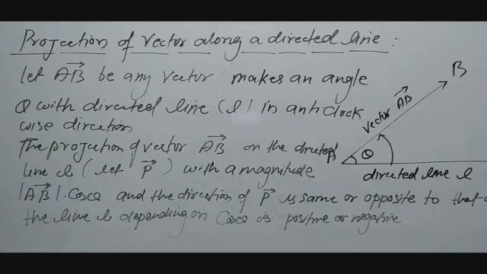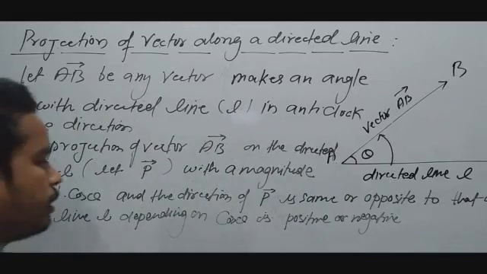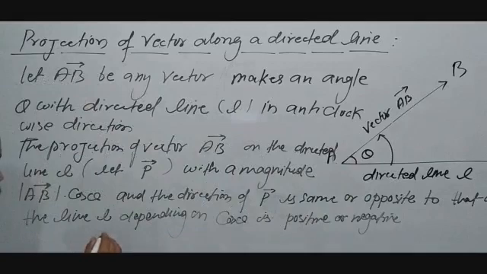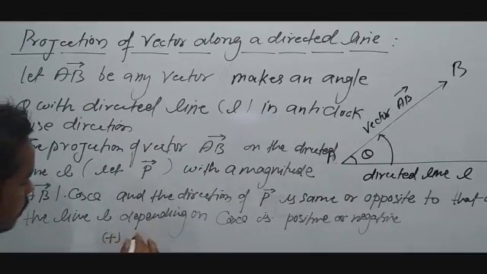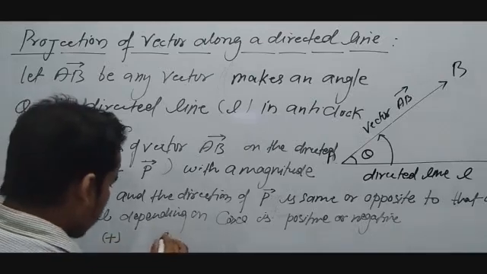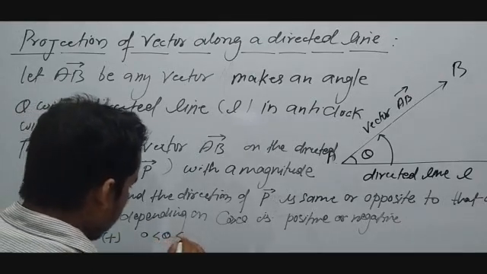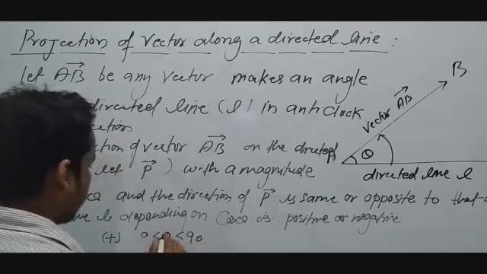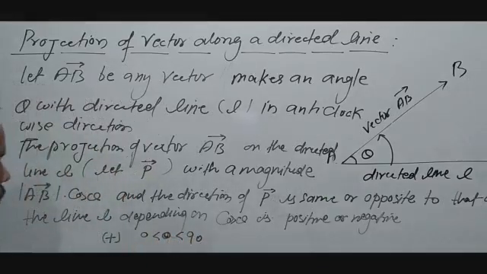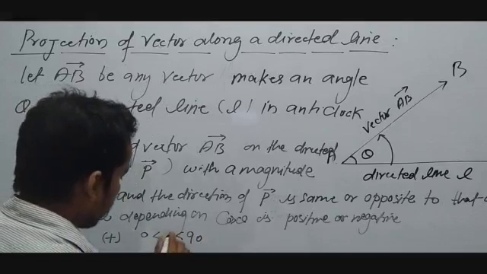Cos theta is positive in the first quadrant. Positive means first quadrant means theta is greater than 0 and less than 90. This is the first quadrant.